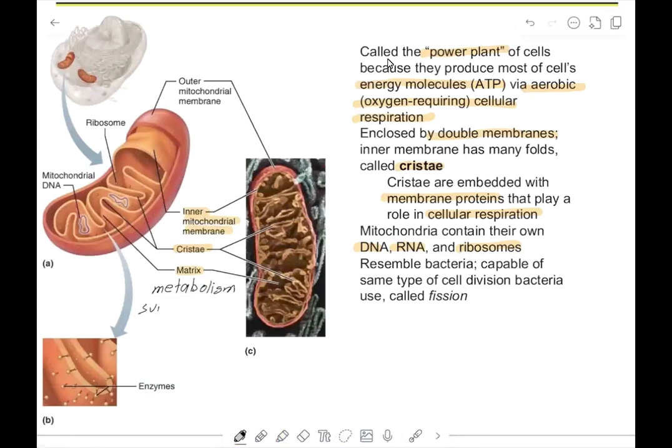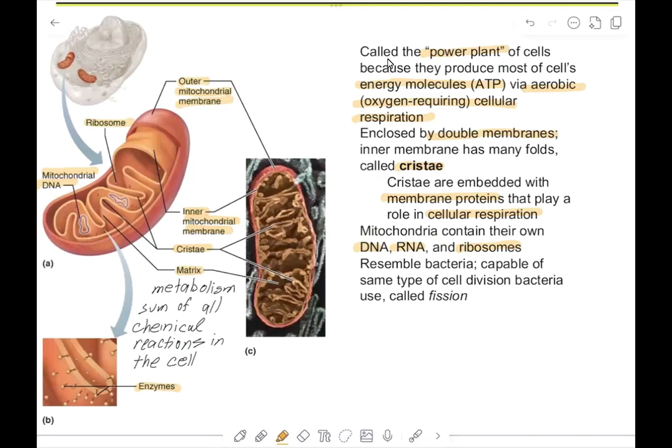Remember that metabolism is the sum of all chemical reactions in the cell, which is very significant. You'll learn more about metabolism next semester. There are enzymes found here, mitochondrial DNA, ribosomes, and an outer mitochondrial membrane.